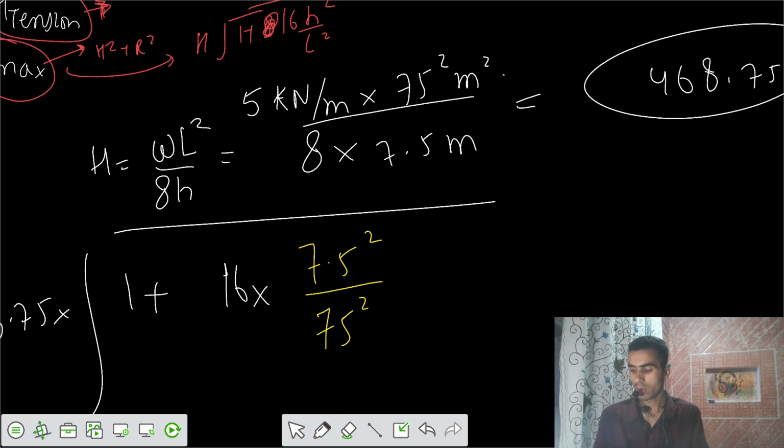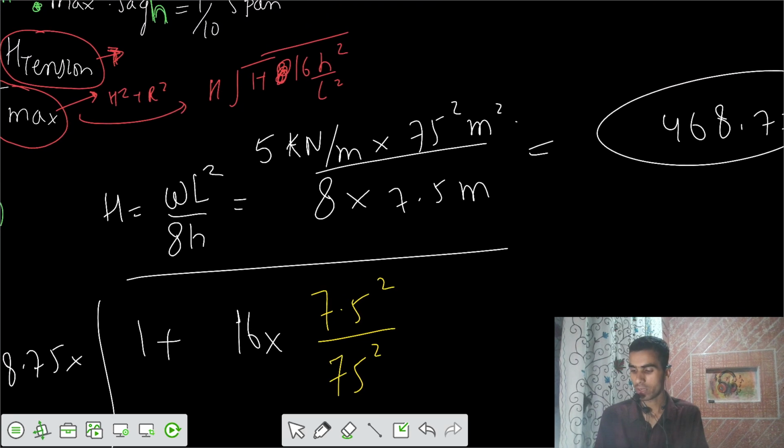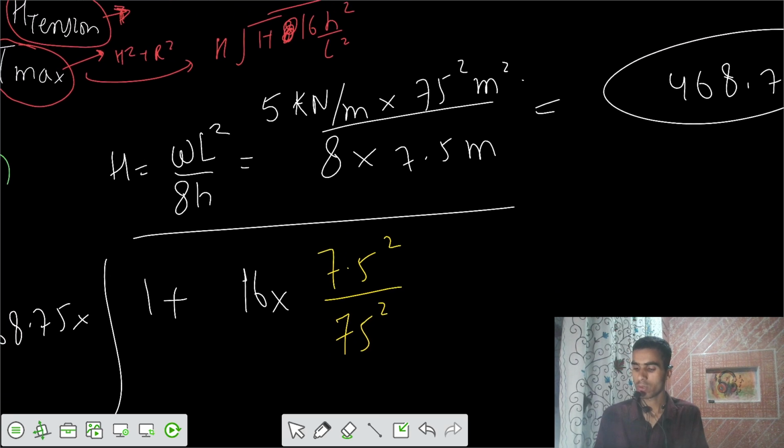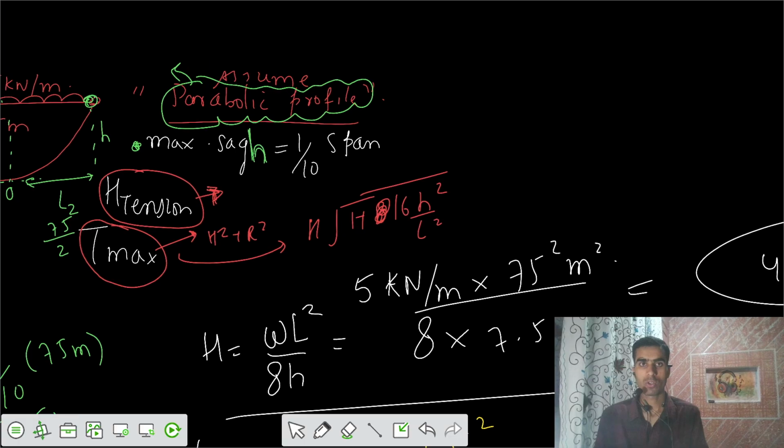So this is our equation for that. So we can have a value of T maximum equal to 504.9 kilonewton. So we got the two parts of the problem.